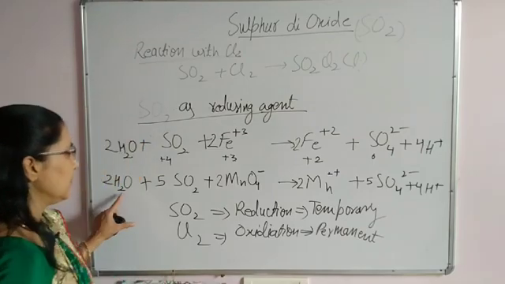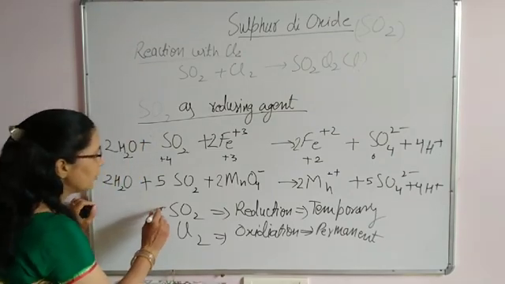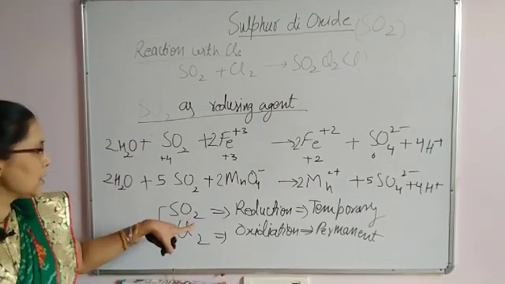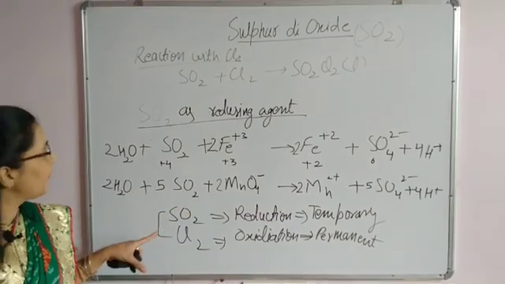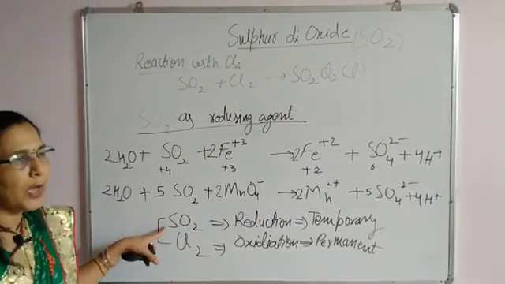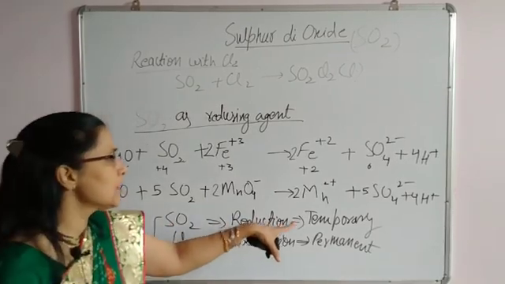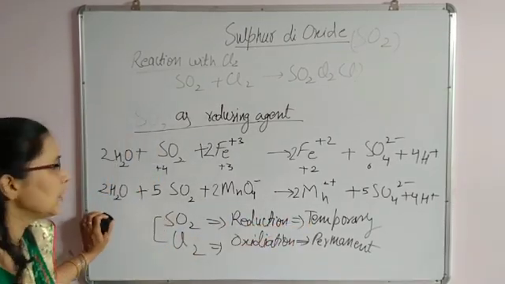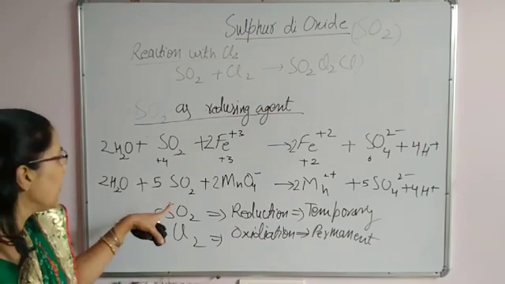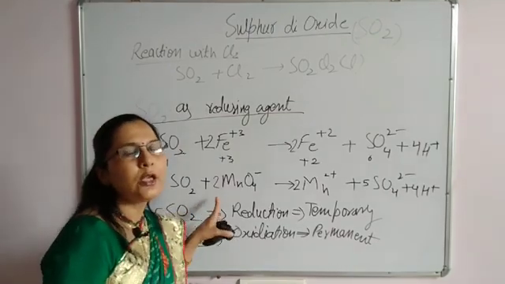Okay, now again I am repeating: if you decolorize the same type of component like flower petal, wood pulp or paper, then SO2 will decolorize it temporarily and Cl2 decolorizes it permanently, because SO2 is a reducing agent.